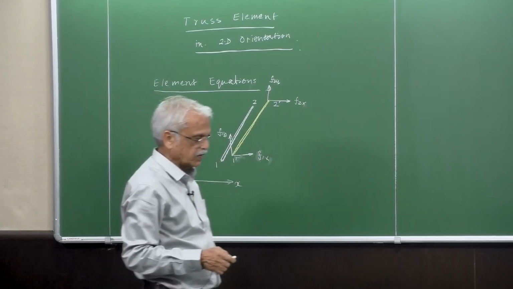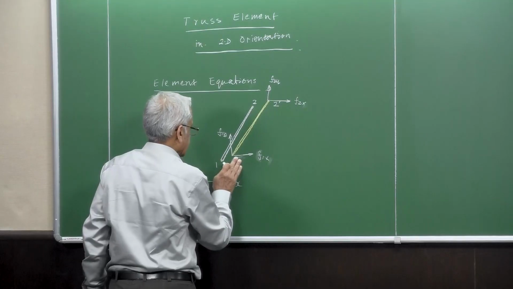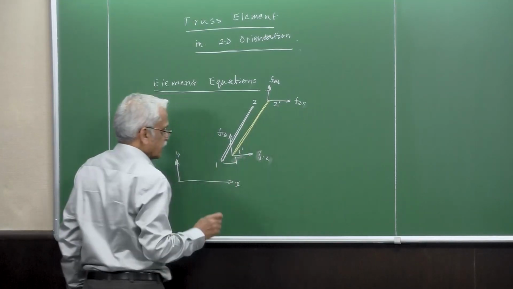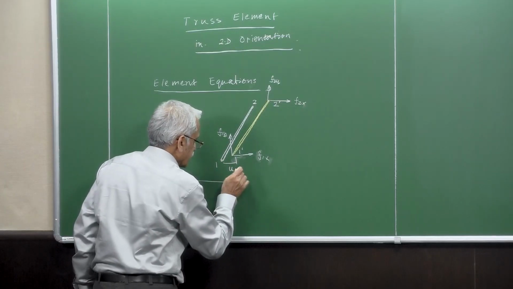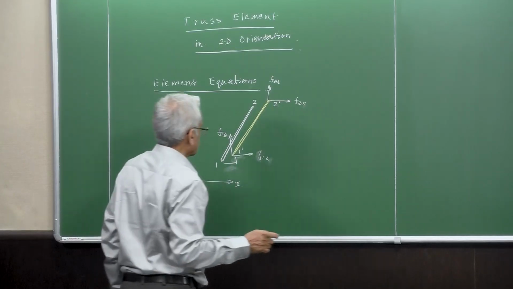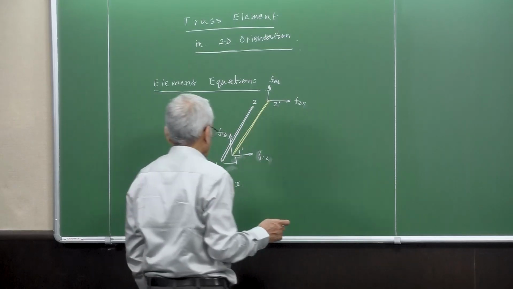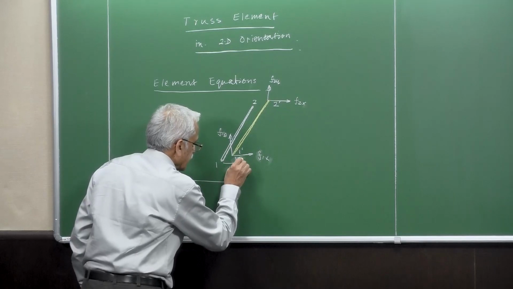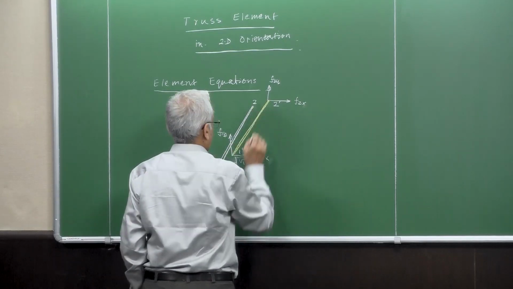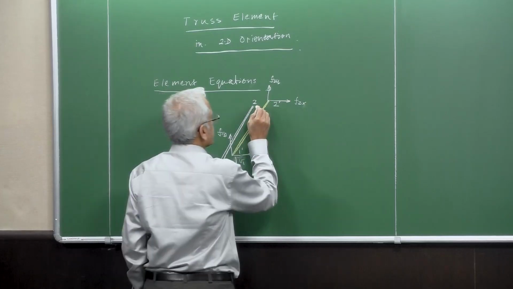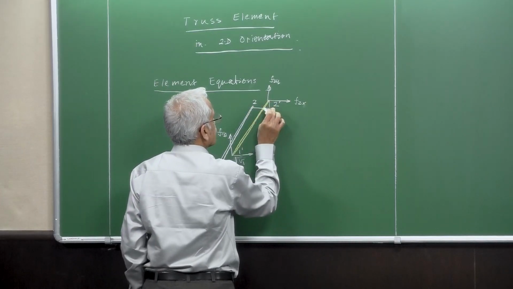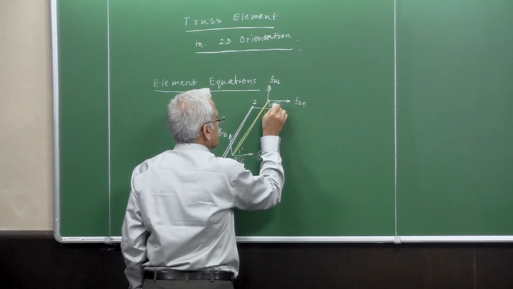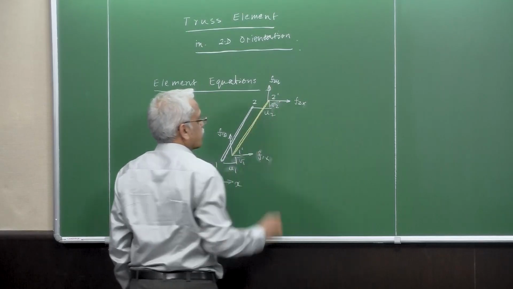Let's call the displacement of node 1 u1 and v1, the two displacements in the x and y directions, and here also we have u2 and v2 for 2 prime.